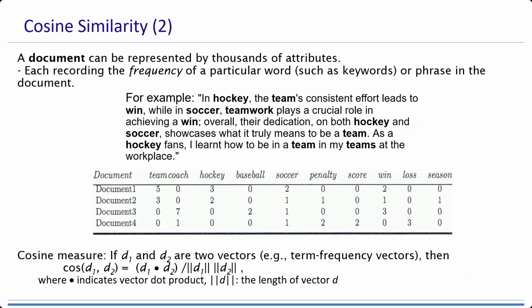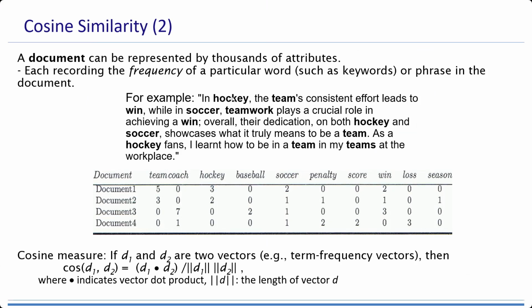So let's say this is document 1. In the document 1, the word team, we have 1, 2, 3, 4, 5. Teamwork can be considered as team. So there are 5 words of team. What about coach? Okay, there are no coach here.